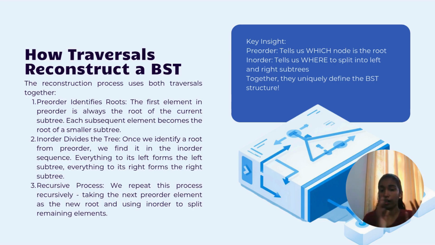Everything on the right side belongs to the right subtree. Then we recursively repeat the same process for the subtrees. So the key idea is preorder tells us which node is the root. Inorder tells us where to split the tree. Together they uniquely define the BST structure.